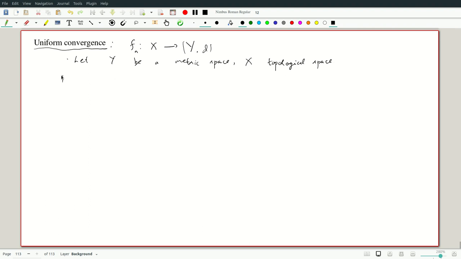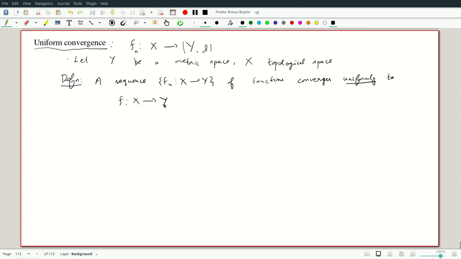So the definition: a sequence f_n, all of these are functions from X to Y, converges uniformly to f: X to Y.